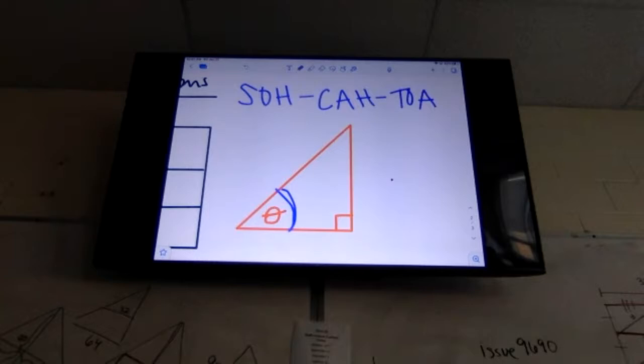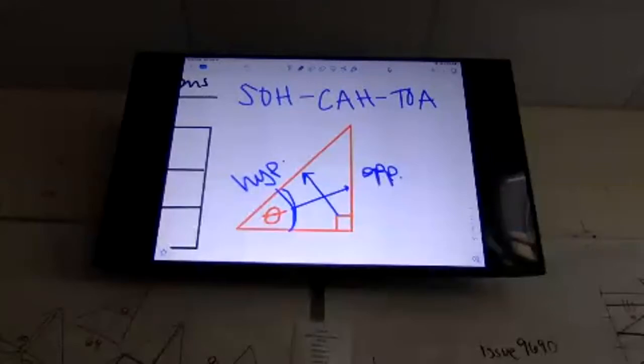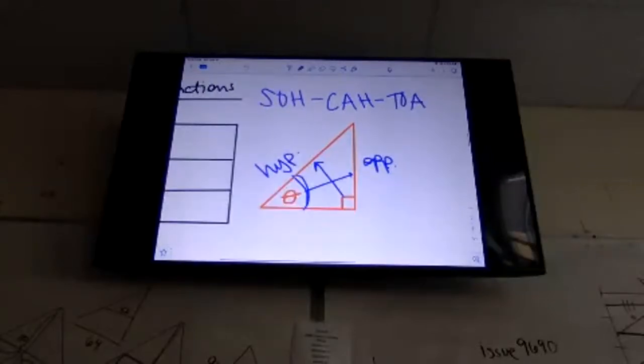The side across from that angle is what we call the opposite side. The side across from the right angle, you guys know this one? Good, hypotenuse. And then the third side, I think, is the hardest of the 3. It's not hard, it's just not the most obvious one. It's the adjacent side, and it's not the opposite, and it's not the hypotenuse. It's the adjacent side.